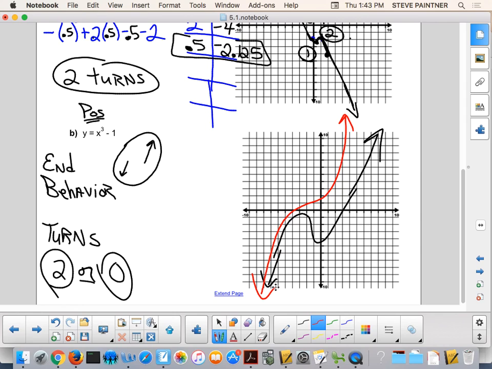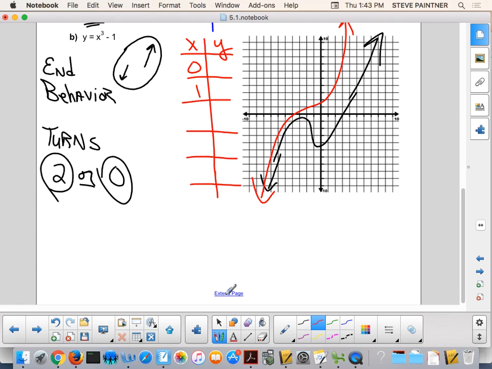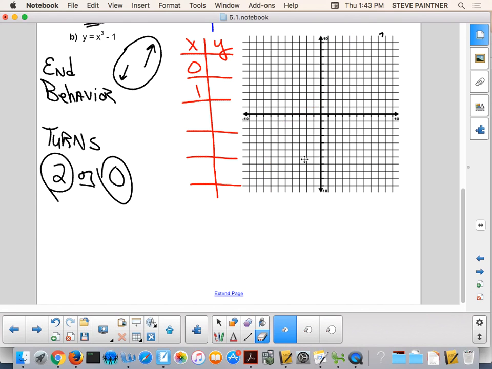You have to make a table. Here's your table. And I know you won't skip that number or probably that number. This is actually a really simple polynomial. It's x cubed minus 1.